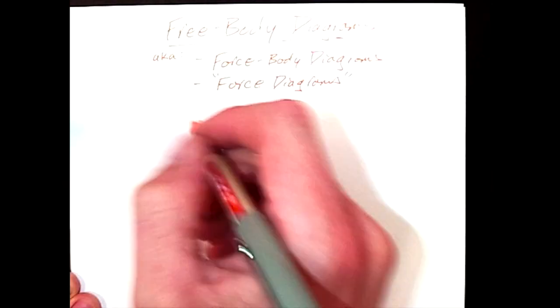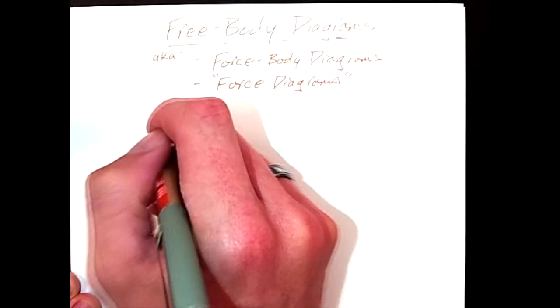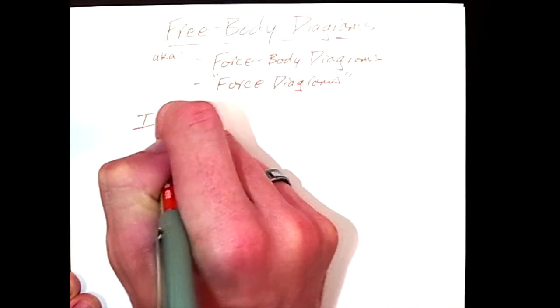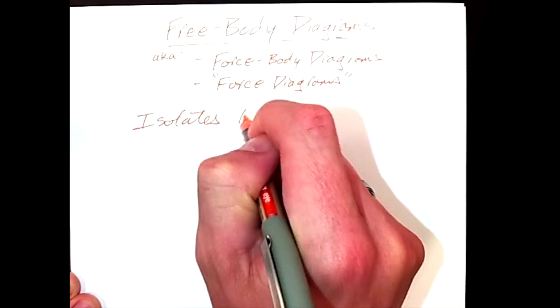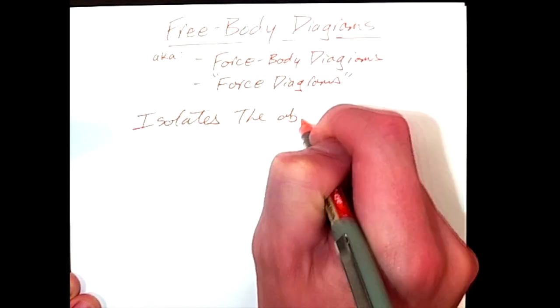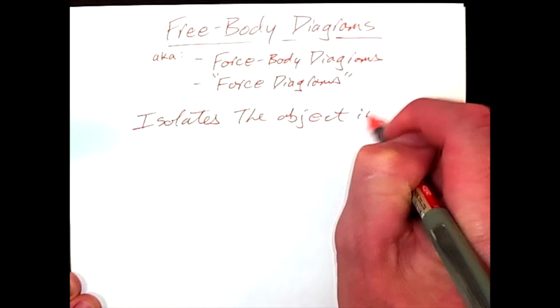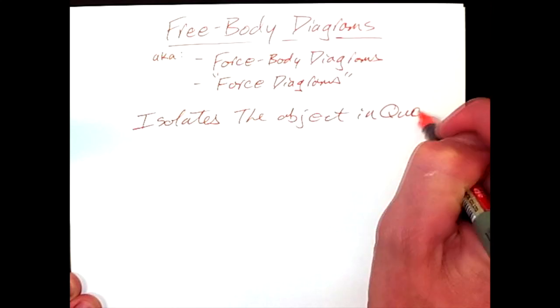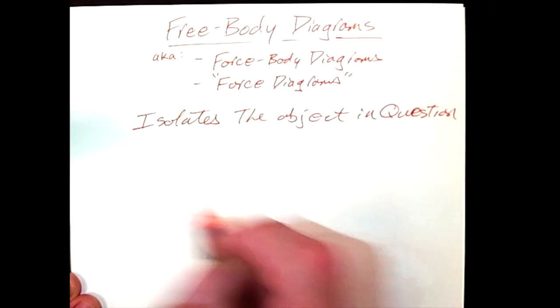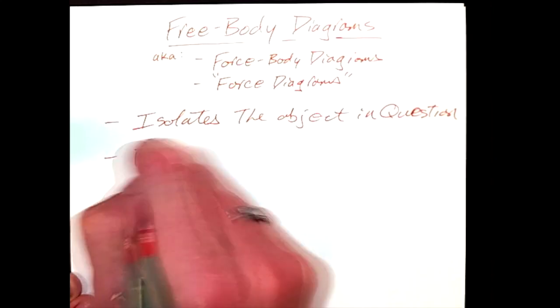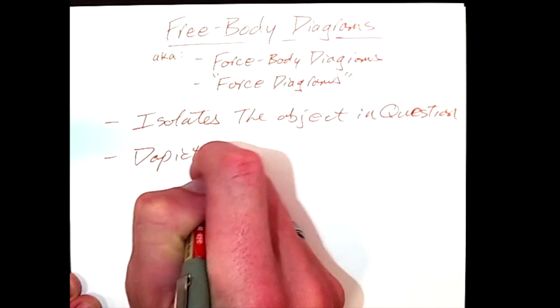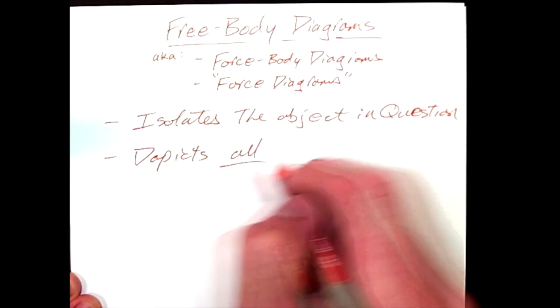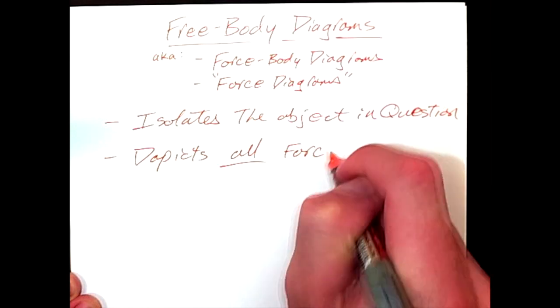The most basic idea is that it isolates the object in question, which is what makes it free, right? And then it depicts all the forces acting on that object.